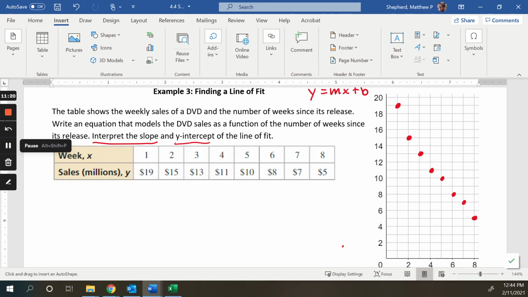There is, and we will learn next time, a line of best fit, or a linear regression. These are going to be calculated through very specific algorithms and equations to provide the best match. But for right now, we're just going to do this free form.